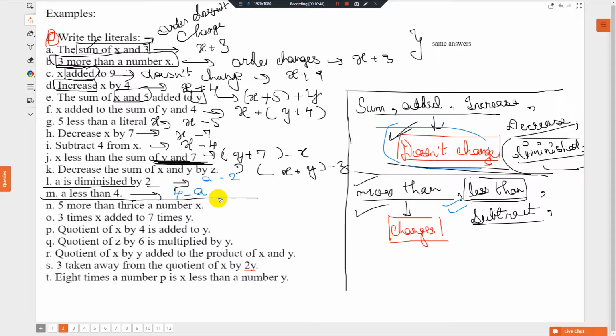So we have done till subtraction. While multiplication it comes 5 more than price of number. Multiplication, wait a second. In this what we write, 5 more than.